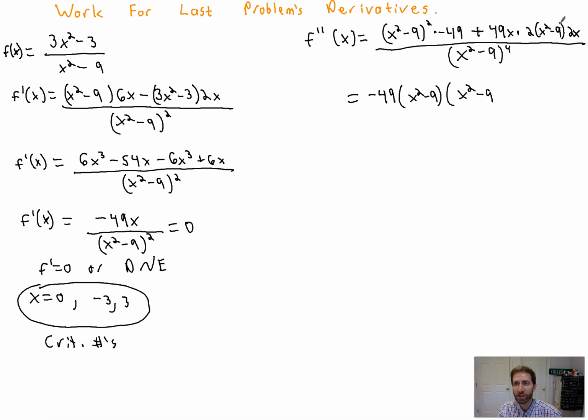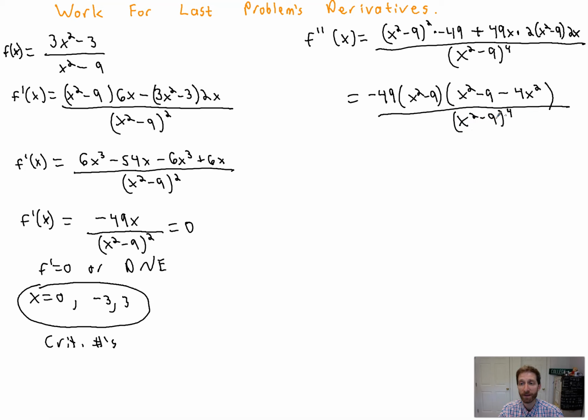Then you've got the x squared minus 9 and the 49 out of there, but it's a minus, right, because we factored out the negative. And you're going to have 4x squared, so you have minus 4x squared right there. Double check that. Again, we pulled out the 49 and the x squared minus 9 and a negative, so you're left with minus 4x squared. All right, that's all over x squared minus 9 to the 4th.